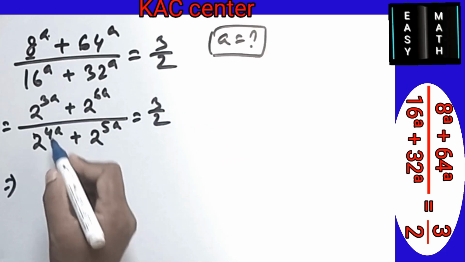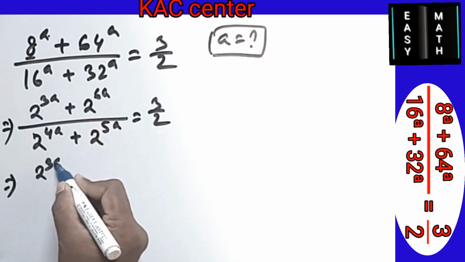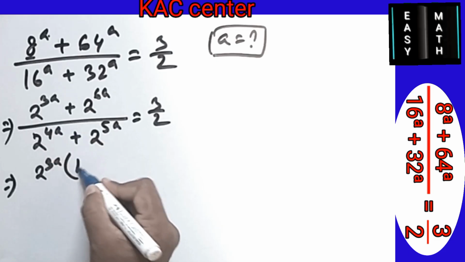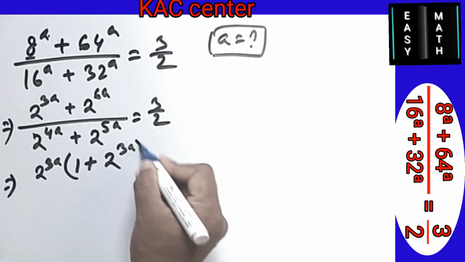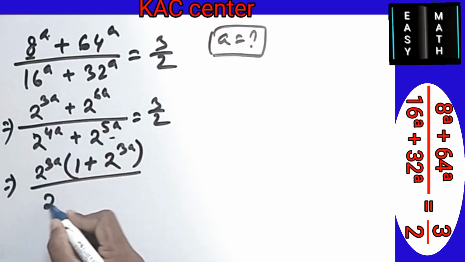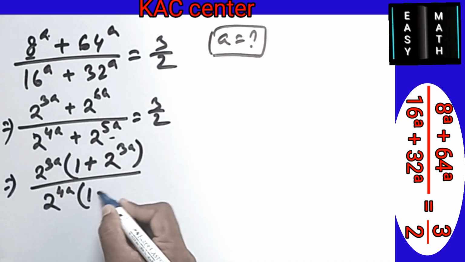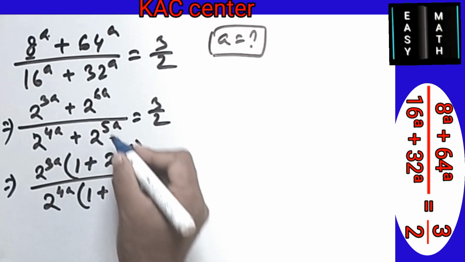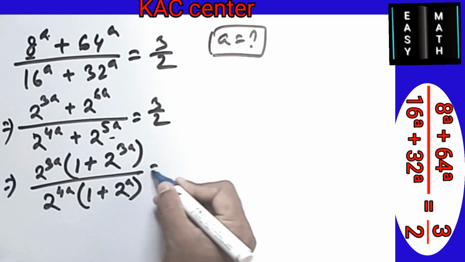Now take the common 2 to the power 3a, so there is the 1, and divide this; take 2 to the power 4a, so there is 1 and the 5a minus 4a, so 2 to the power 2a, equals 3 by 2.